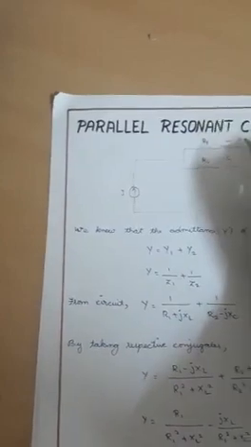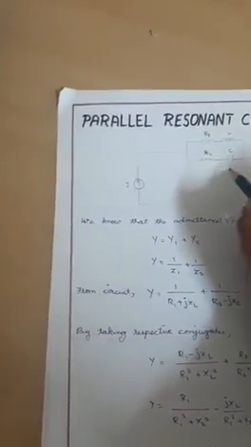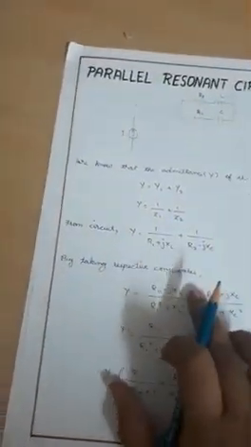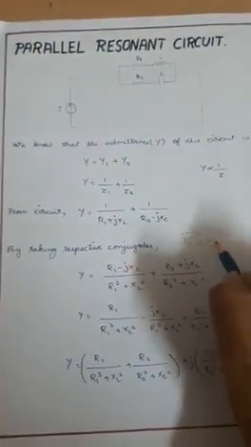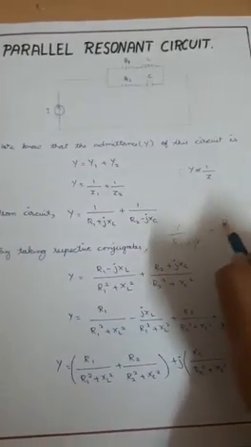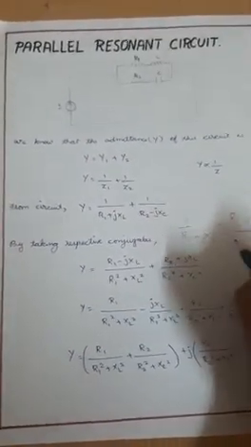We denote the inductor as jXL and the capacitance as minus jXC, to denote they are parallel. By taking their respective conjugates, we get 1 by R1 plus jXL into R1 minus jXL by R1 minus jXL.